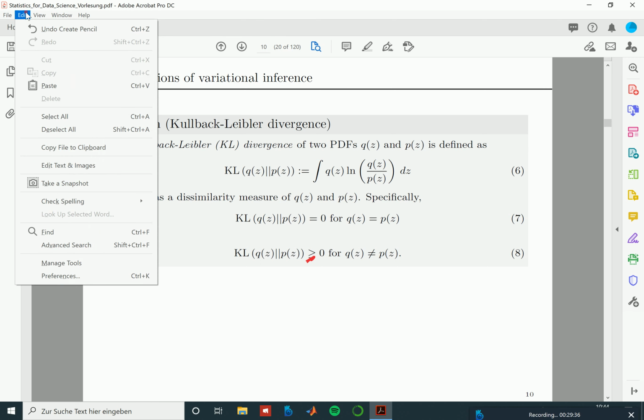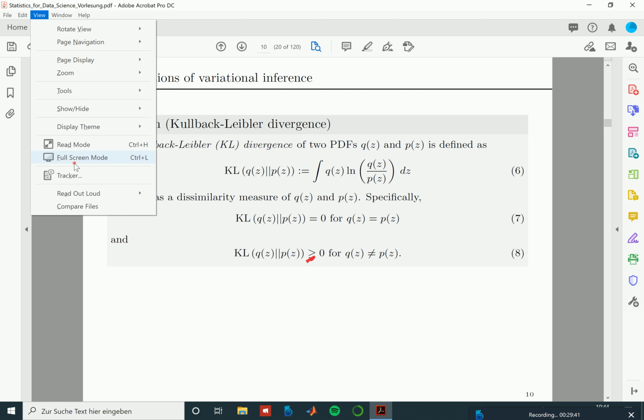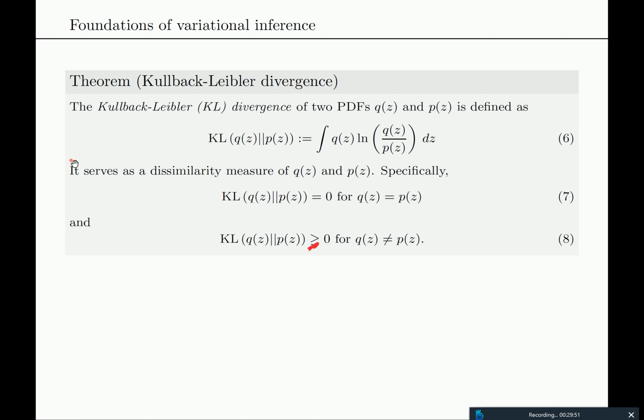Like I said, one can be more subtle about the definition of the KL divergence. We don't go into these subtleties because the rest of variational inference is not that subtle yet. The KL divergence is studied much more than variational inference.